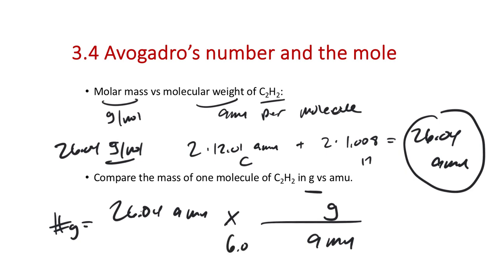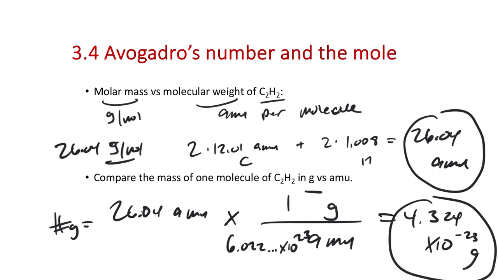So it's 6.022 times 10 to the 23 AMU per 1 gram. If I divide 26.04 by 6.022 times 10 to the 23, I get 4.324 times 10 to the minus 23 grams. So obviously a really, really small mass for one molecule.